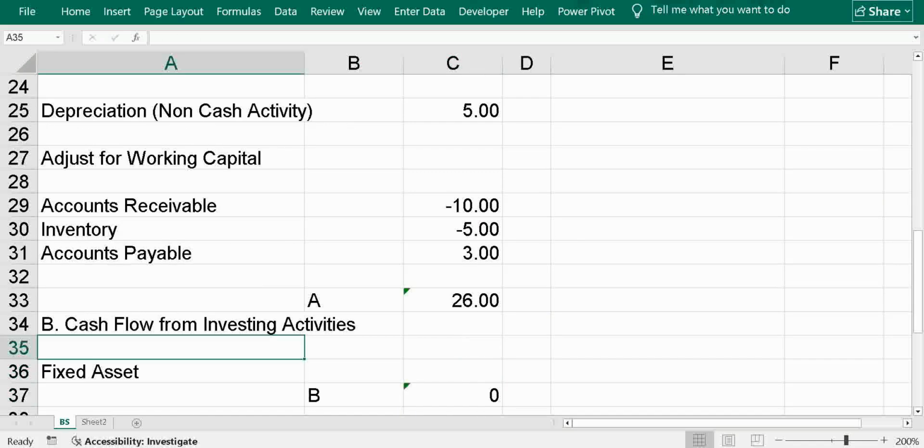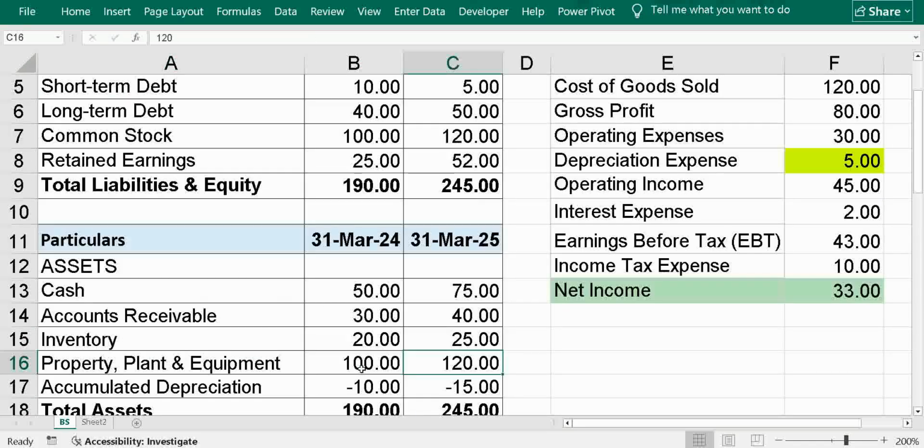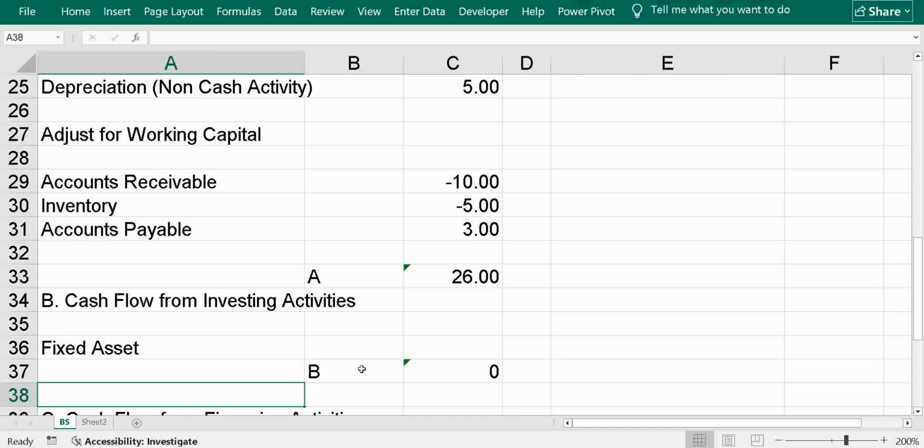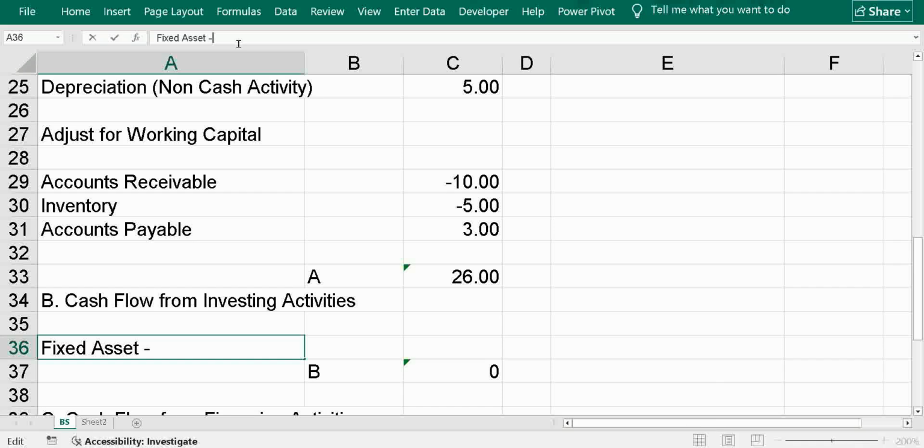Fixed assets increase of 20. It means cash should be reduced to extent of 20 since it is a asset side. Addition.